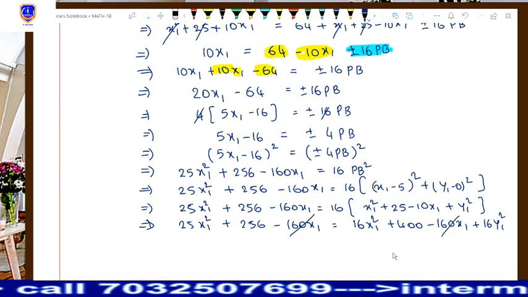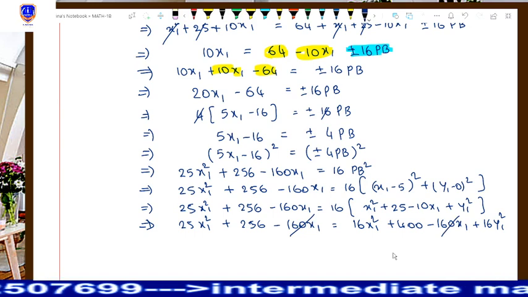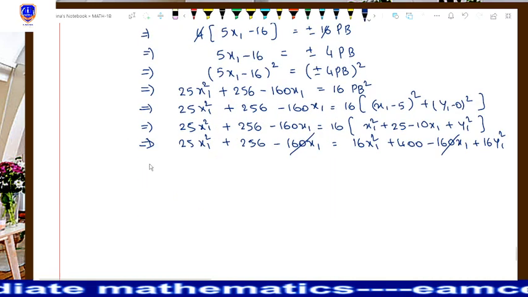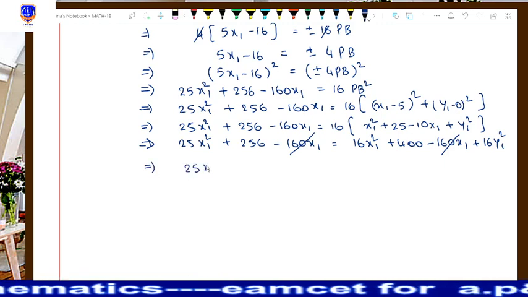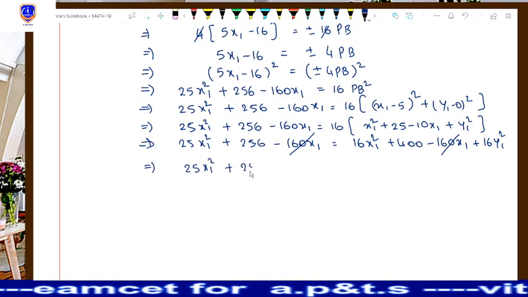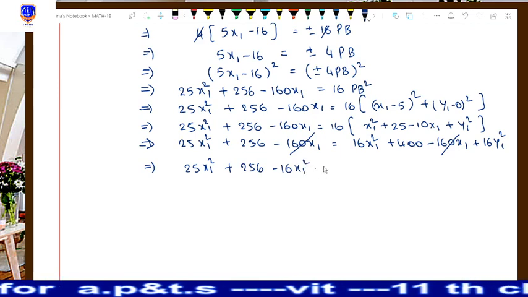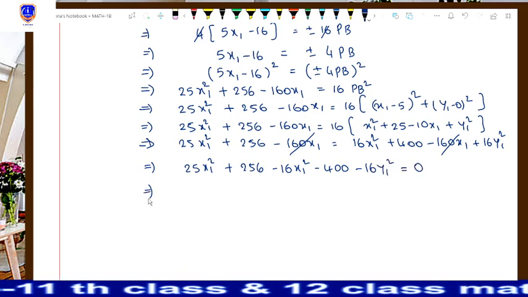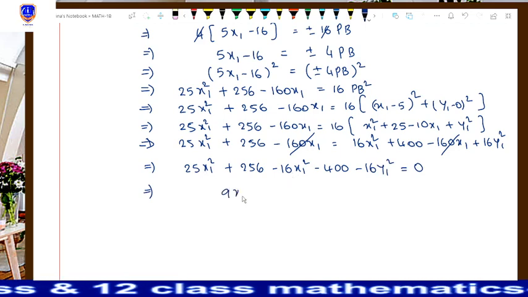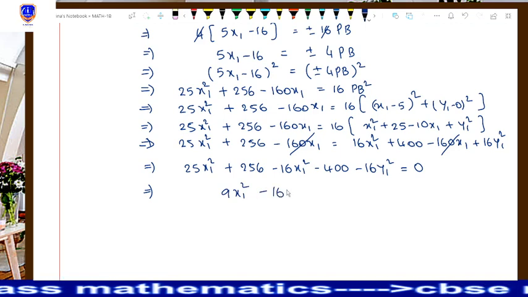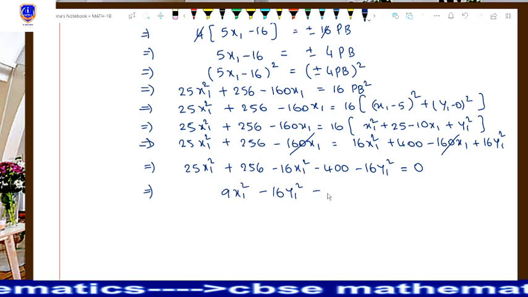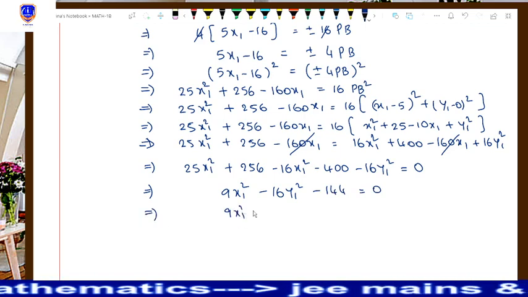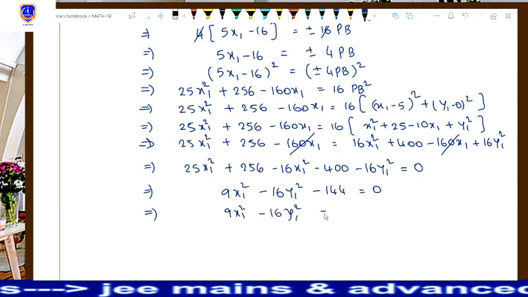If there are any terms with the same sign and same type of values, cancel them and move the terms to the same side. 25x1 square plus 256 minus 16x1 square minus 400 minus 16y1 square is equal to 0. 25x1 square minus 16x1 square is 9x1 square, minus 16y1 square, 256 minus 400 is minus 144, equal to 0, which implies that 9x1 square minus 16y1 square is equal to 144.